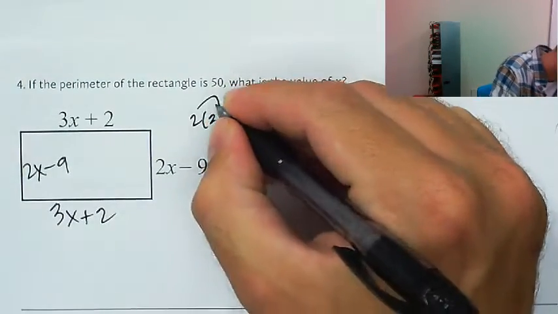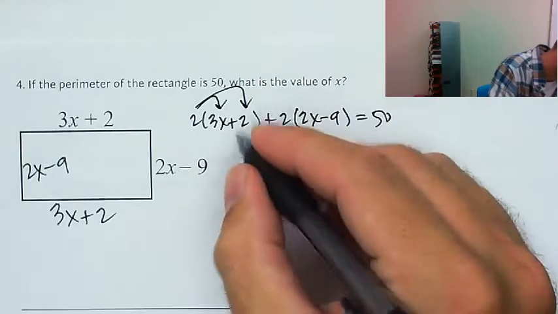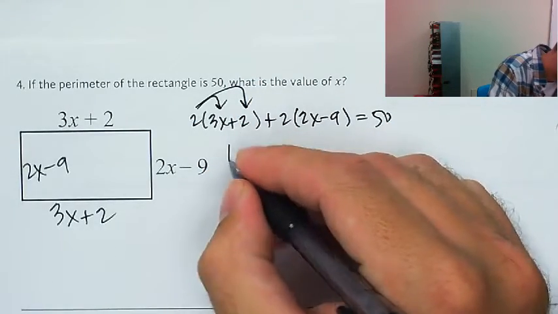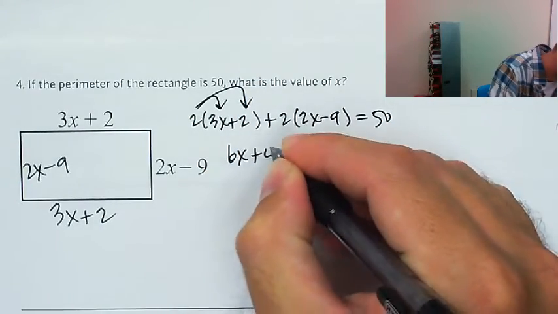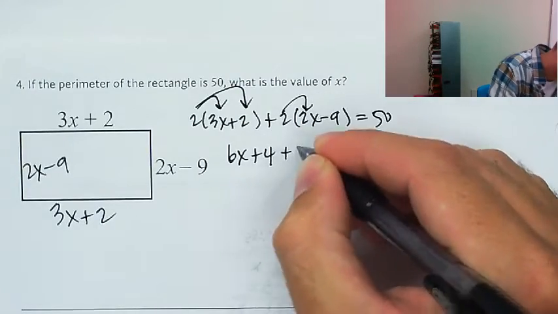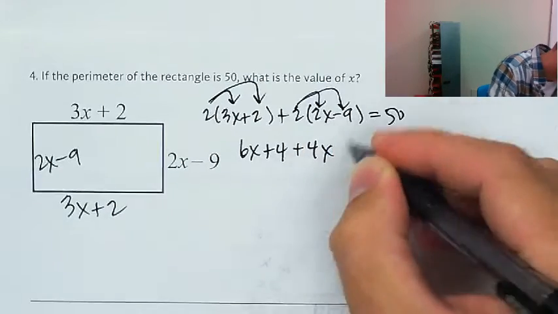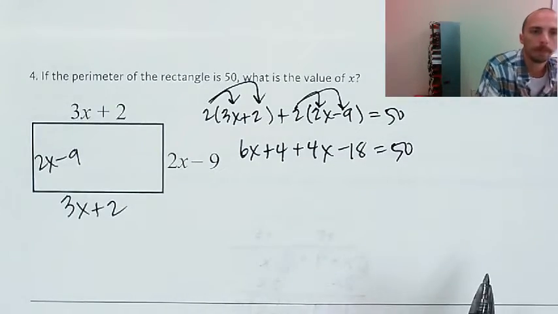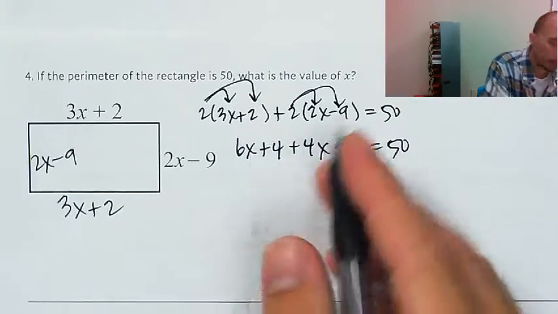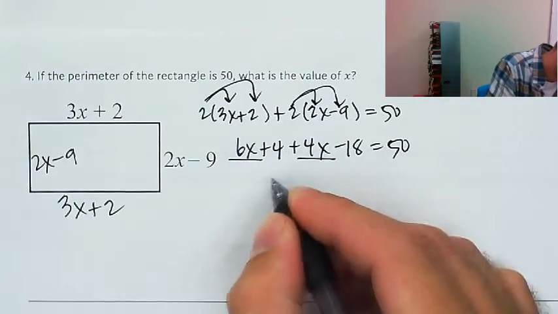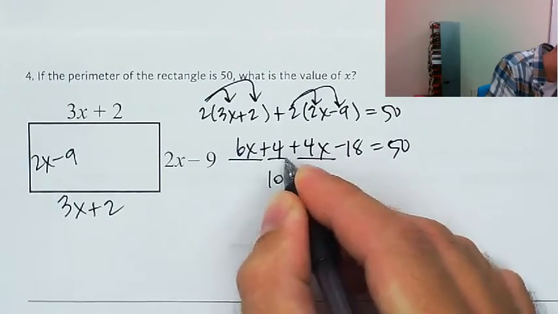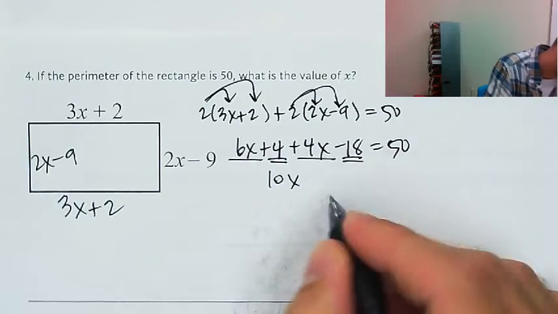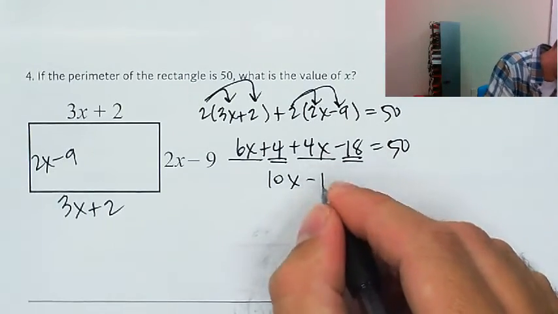Okay. I'm going to do this so that we can practice our distribution, and that's 2 times 3x, that's going to be 6x. 2 times 2 is 4. That's going to be 4x here, and negative 18. And, okay, I'm going to start to combine some like terms. 6x plus 4x, that's 10x. 4 minus 18 is going to be negative 14.